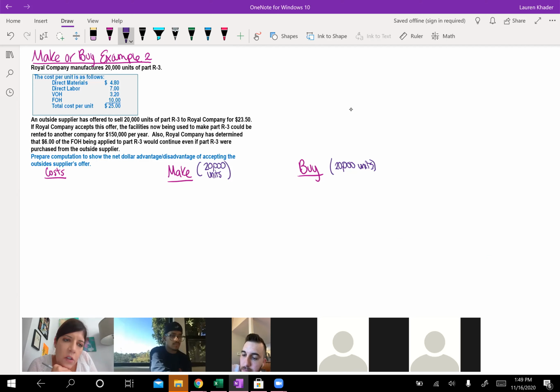And right now it looks like the total cost to produce each unit is $25. They have direct materials, direct labor, variable overhead, and then fixed overhead costs. An outside supplier has offered to sell 20,000 units of part R3 to Royal Company for $23.50. If Royal Company accepts this offer, the facilities now being used to make part R3 could be rented to another company for $150,000 per year.